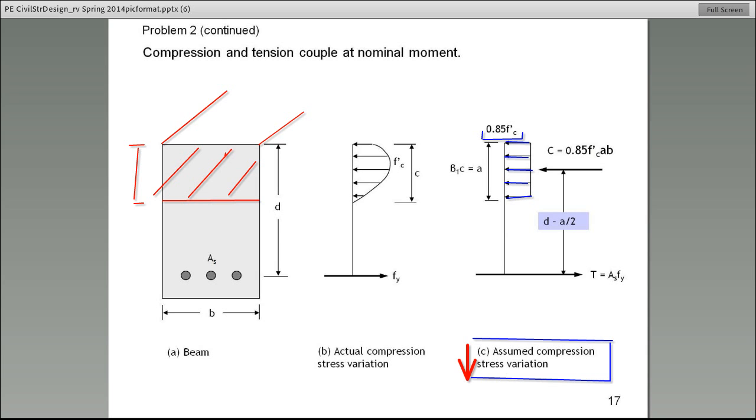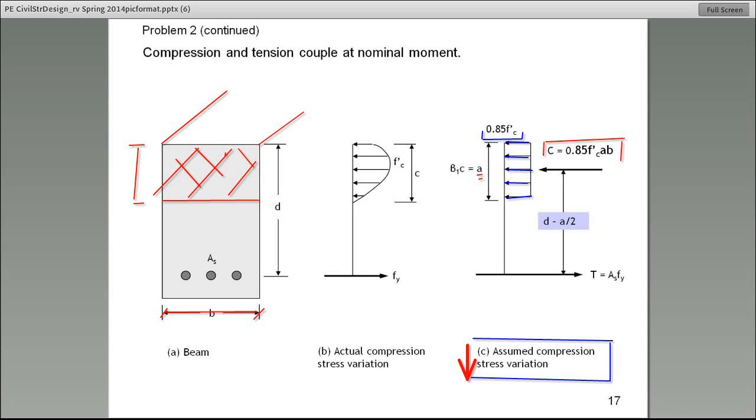Yeah, that dimension is equal to a lowercase a. And what about the other dimension of that cross-section that this is acting on? You got it, b, which is the width of the beam. So the bottom line is this. The area over which this stress acts is a times b.